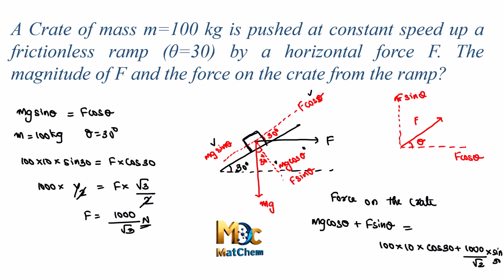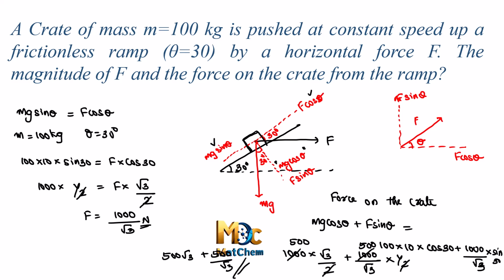That is equal to 1000 into cos 30, which is root 3 divided by 2, plus 1000 divided by root 3 into sin 30, which is 1 by 2. So we will get 500 root 3 plus 500 by root 3. You can simplify and find the value of the force on the crate from the ramp.